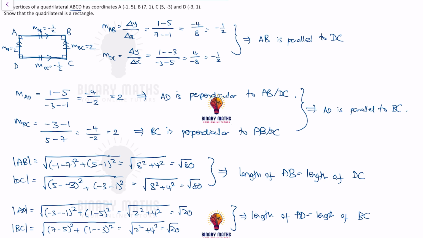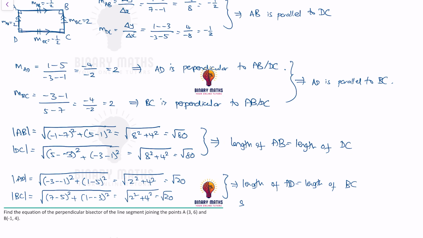Now we have to write our conclusions. So since opposite sides are of equal length and all edges meet at right angles, ABCD is a rectangle.